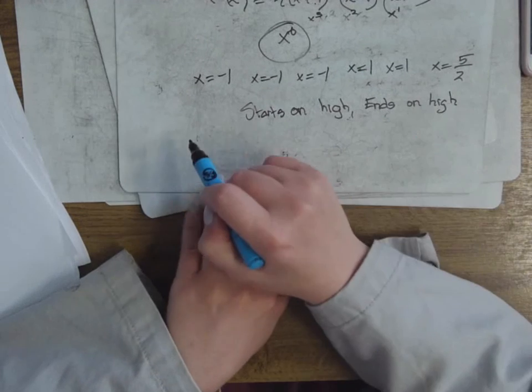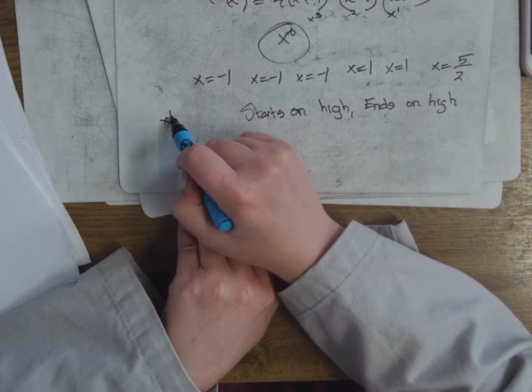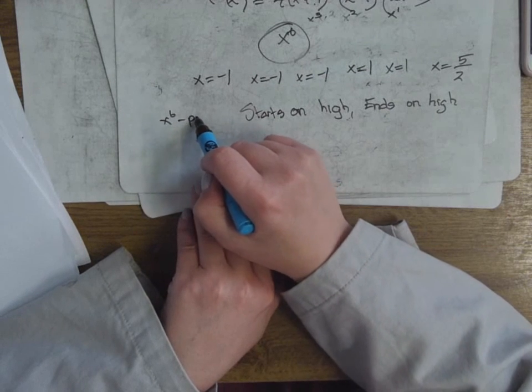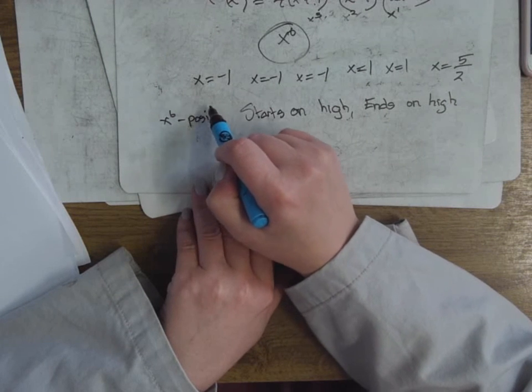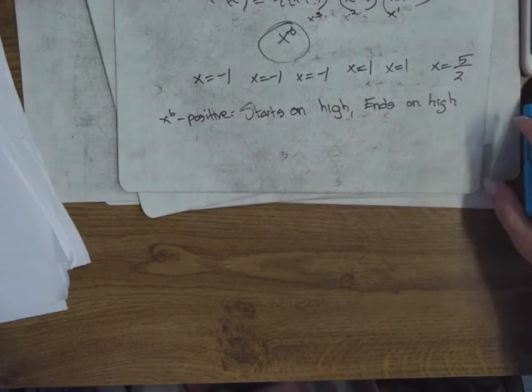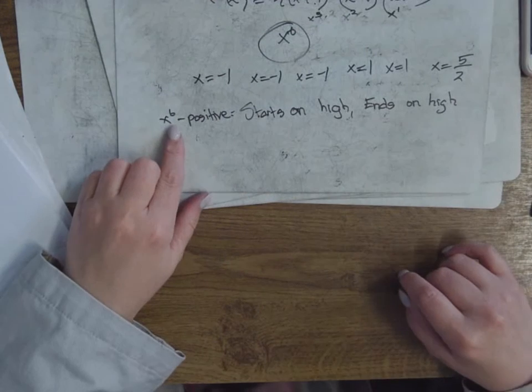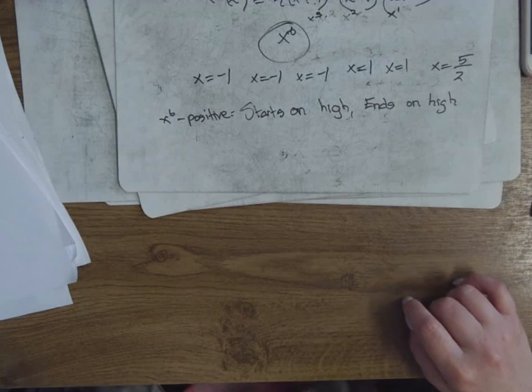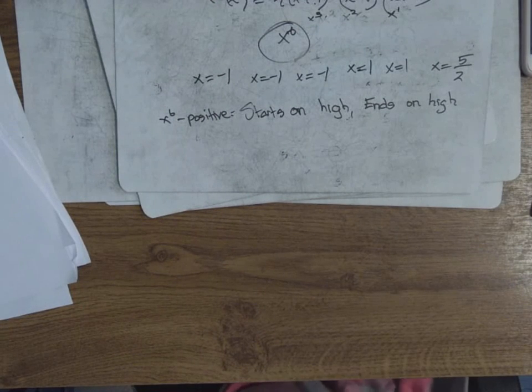Right, so it's x to the power of 6, it's positive. Because it's x to the power of an even number, that means it starts and finishes pointing in the same direction. If that was x to the power of 5, where it starts and where it finishes would be opposite, wouldn't they?